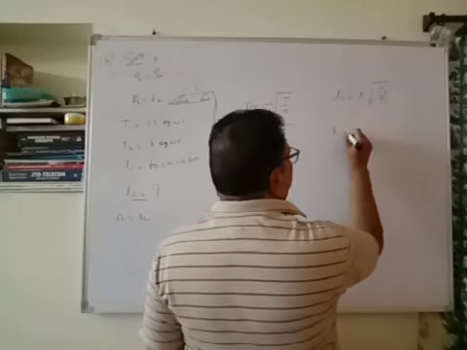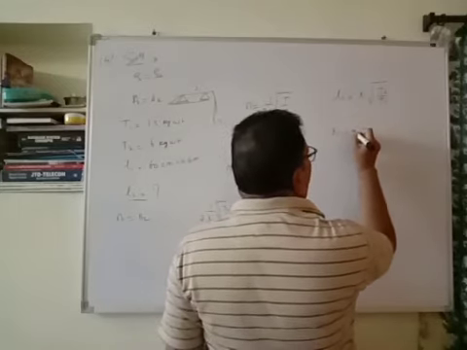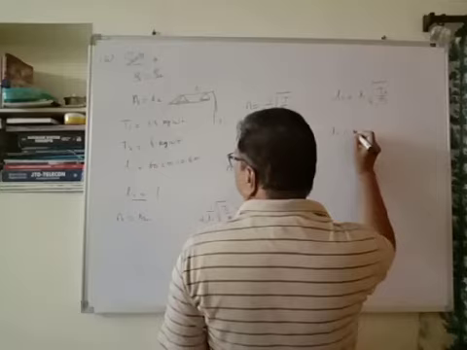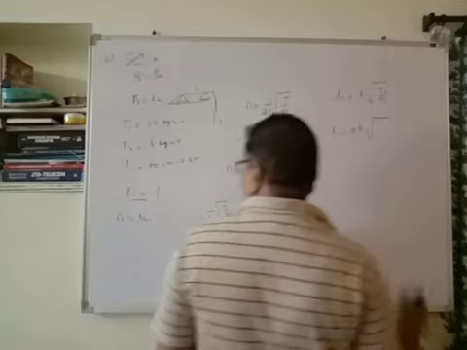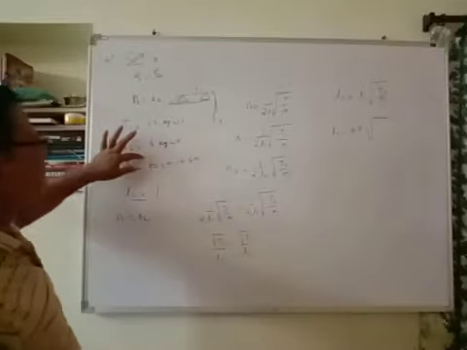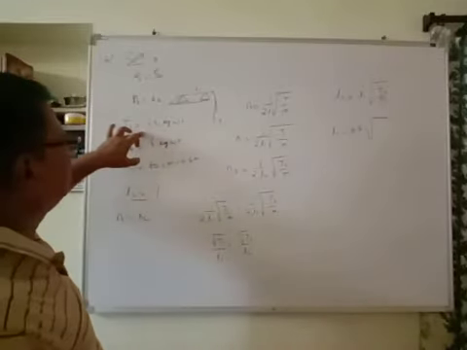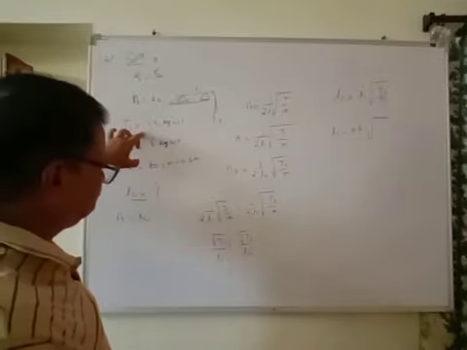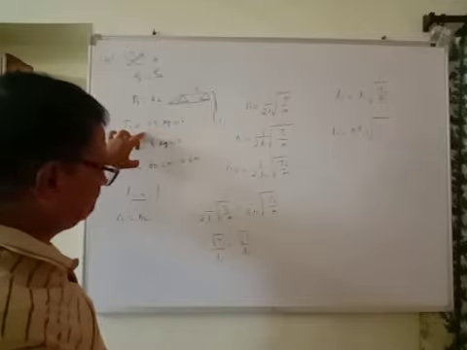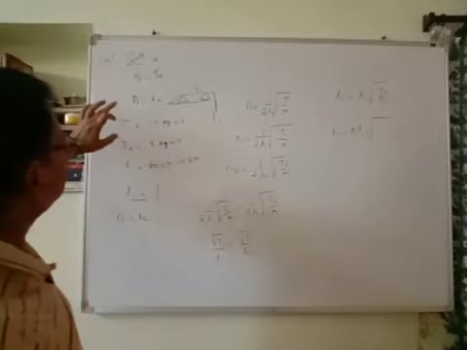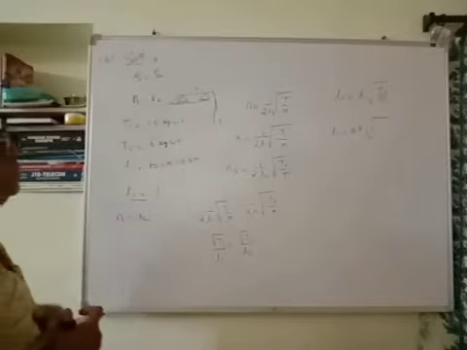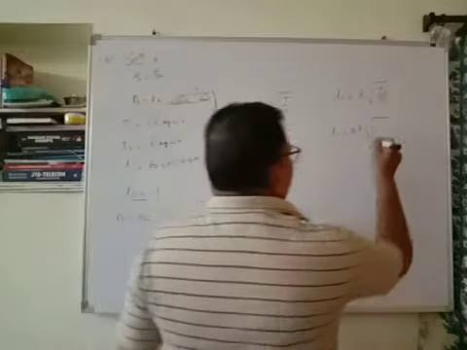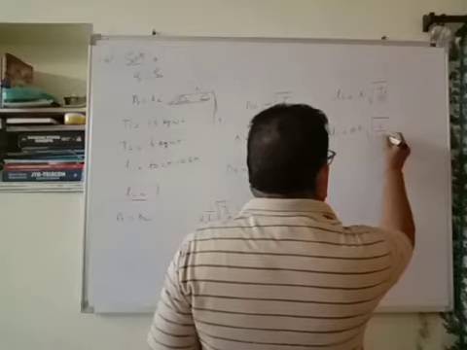L2 is equal to 0.6 under root 6 divided by 1.5.